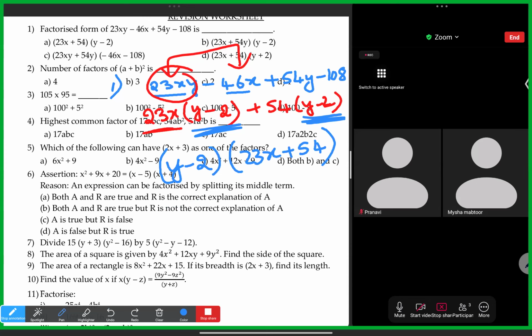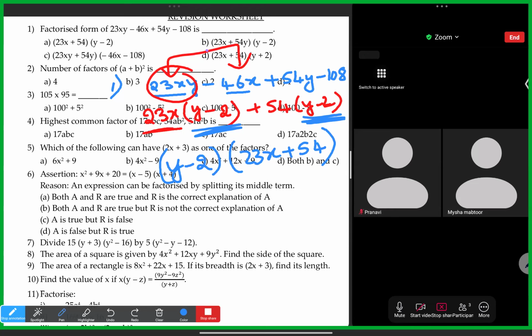So which option? B, option D? B is not correct, because y minus 2 into 23x plus 54 by 54. Y minus 2 should be there, no?